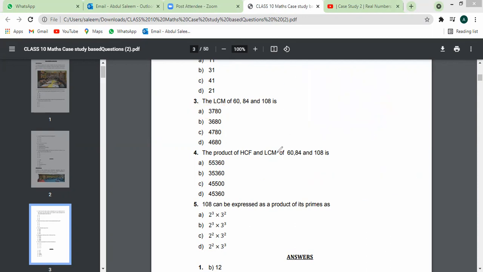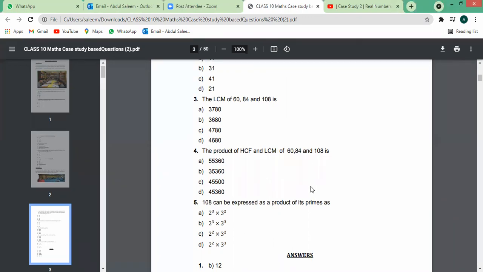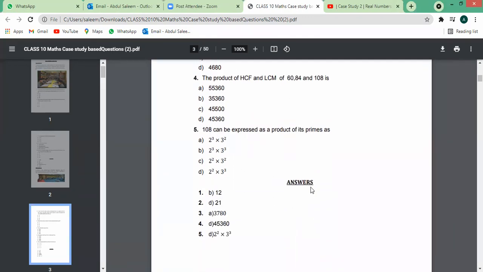And about the fourth question, the product of HCF and LCM of 60, 84, and 108. We already found out the LCM is 3780 and the HCF is 12.